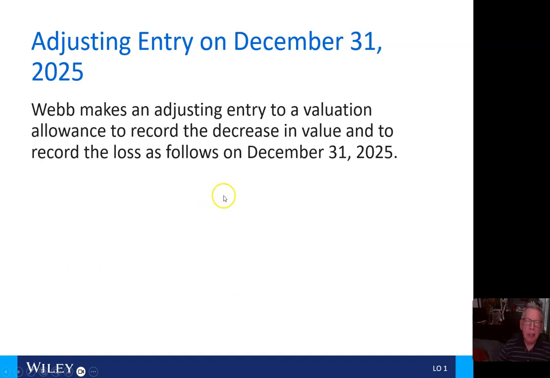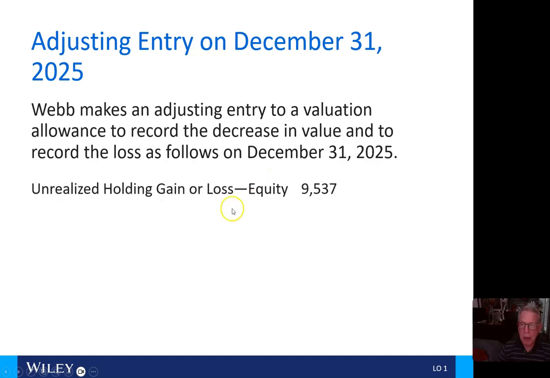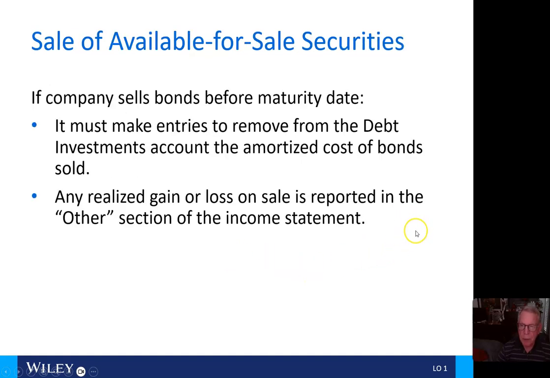Now, it makes an adjusting entry to a valuation allowance to record the decrease in value and to record the loss as follows on December 31, 2025. It had an unrealized holding loss of $9,537 and a fair value adjustment credit of $9,537.